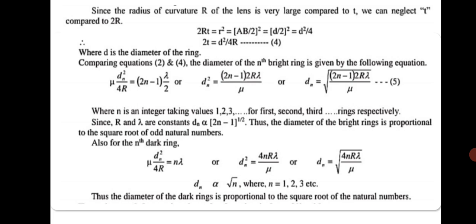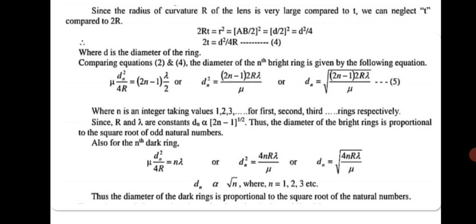Since the radius of curvature R of the lens is very large compared to t, we can neglect small t compared to 2R. Therefore, 2Rt = r square = (AB/2) whole square = (d/2) whole square = d square/4. Therefore, 2t = d square/4R, call it equation number 4, where d is the diameter of the ring.